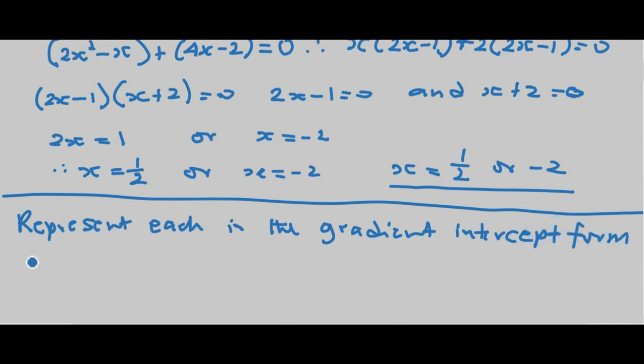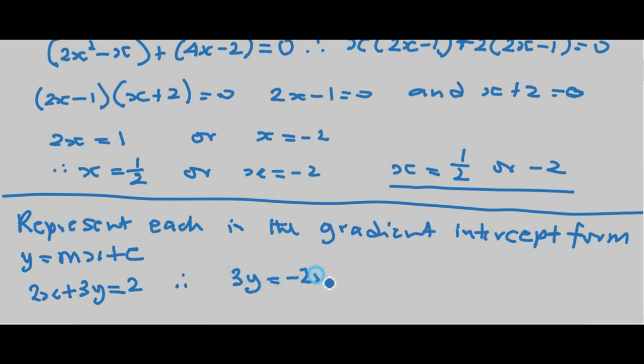And this form is given as y is equal to mx plus c. So for the first equation, we have 2x plus 3y is equal to 2. This equation will give us 3y is equal to minus 2x plus 2. Our y is equal to minus 2 over 3 x plus 2 over 3.